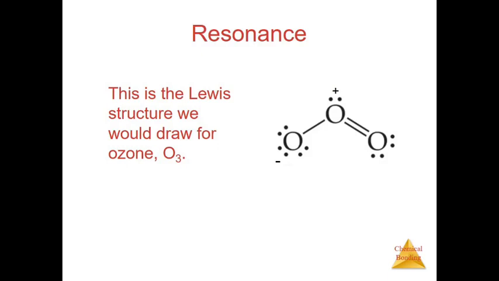But hopefully you realize we could have easily drawn this like that, where the double bond appears to be on the other side. So that set of electrons, the double bond here versus the double bond there, those electrons are flipping back and forth between those two positions because it is resonating.